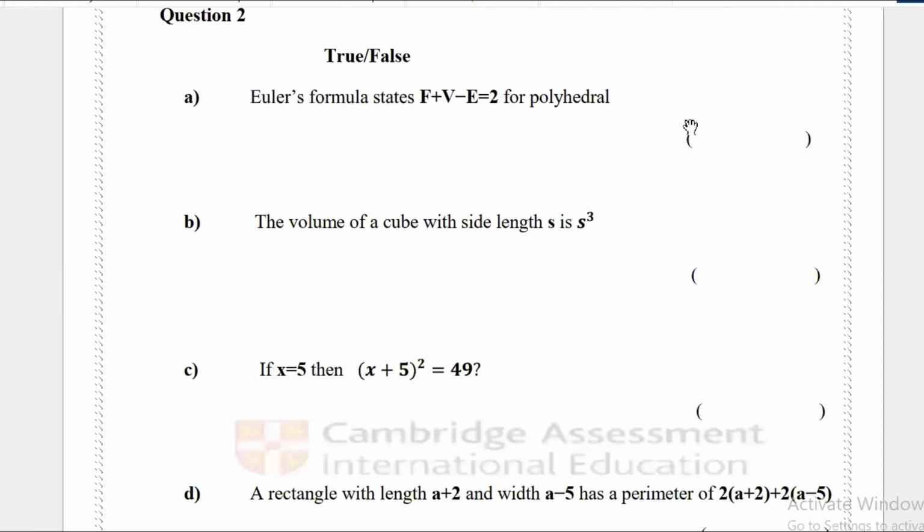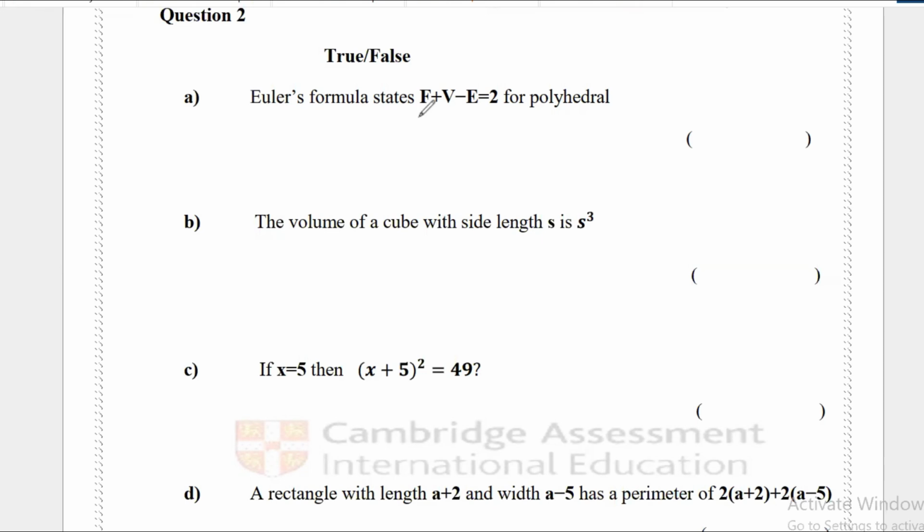Next, we will solve a few true false questions related to the expression and formulae worksheet. Here we have the first question, which is Euler's formula states F plus V minus E. Basically F shows faces, V shows vertices, and E shows the edges of 3D shapes. We use the word polygon for 2D shapes, and the same way we use the word polyhedron for 3D shapes.